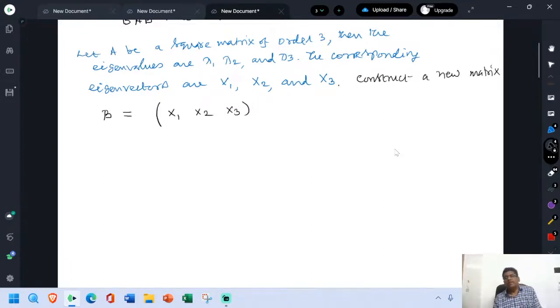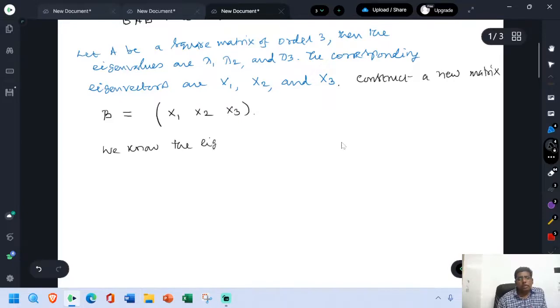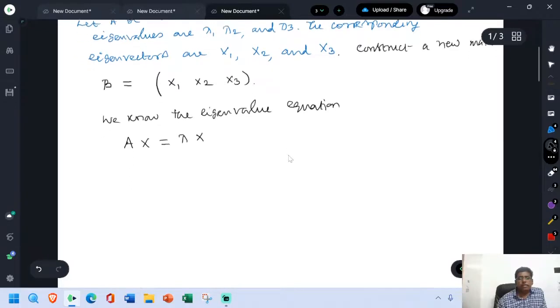This is a new matrix. We know the eigenvalue equation: A into x equal to lambda into x.